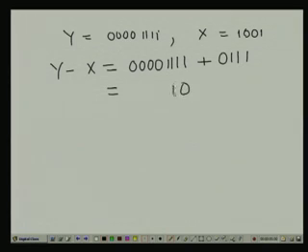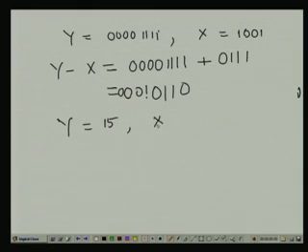0 1 1, 1 1 0, 1 and 0 0. So, what will be the value? See, here y was 15, x is 9.